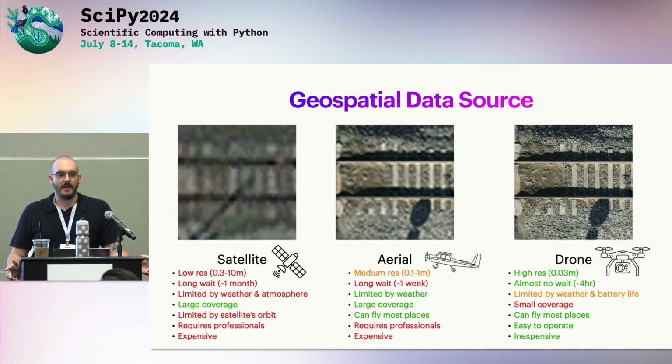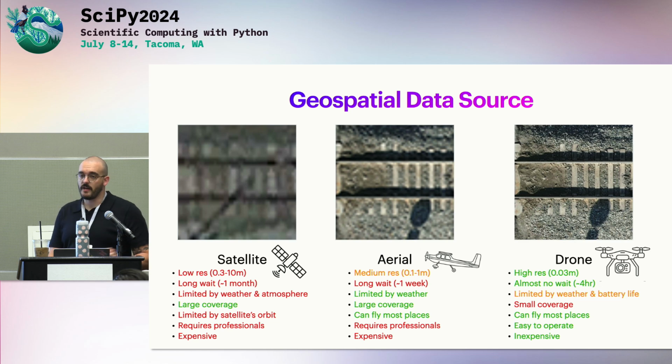You're also limited by the battery. Batteries on hobby drones last up to about 20 minutes, which is inconvenient. But what's great is that you get resolution up to 3 centimeters per pixel, which is super small when flying at about 80 meters high. The lower you go, obviously, the higher resolution you get.